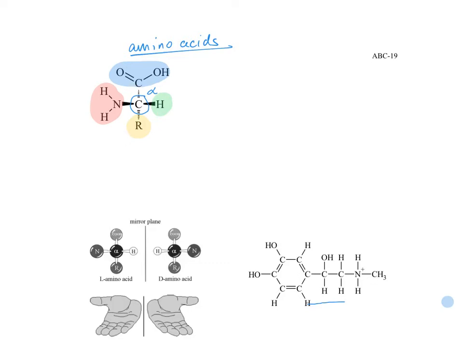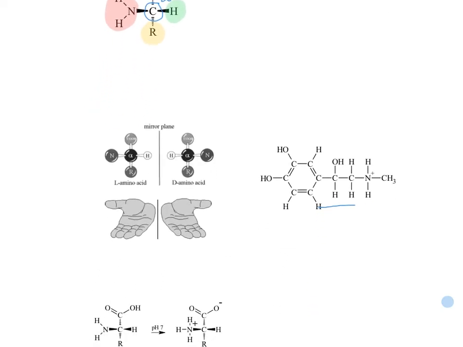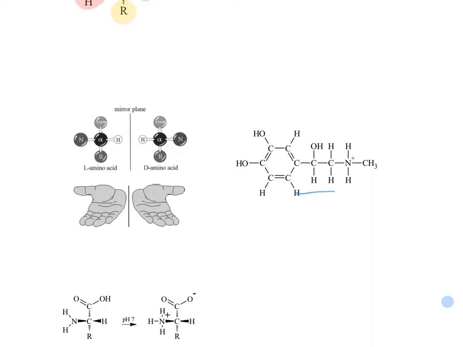Okay, so the first thing we want to address is that when you have a carbon with 4 different groups around it, and those 4 groups are arranged in a tetrahedron, you actually end up with chirality. And what that means is that those 4 different groups can be arranged in 2 different ways. You may remember a little bit about chirality from organic chemistry.